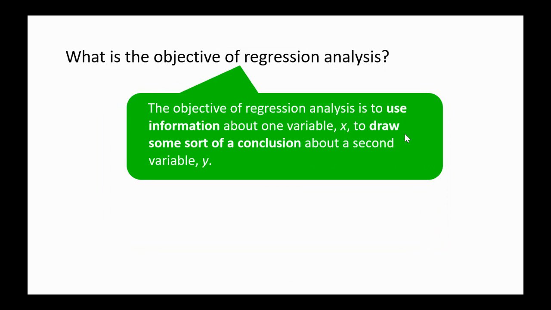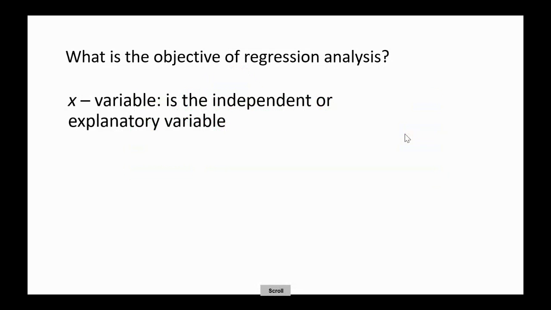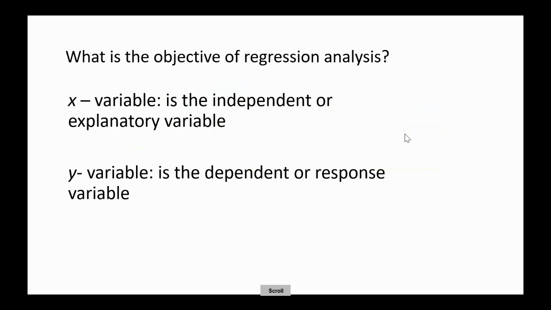So the objective of a regression analysis is to use information about one variable, X, to draw conclusions about another variable, Y. So our X variable is the independent or explanatory variable. The Y variable is our dependent or response variable.